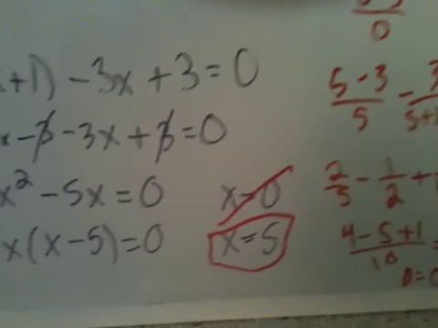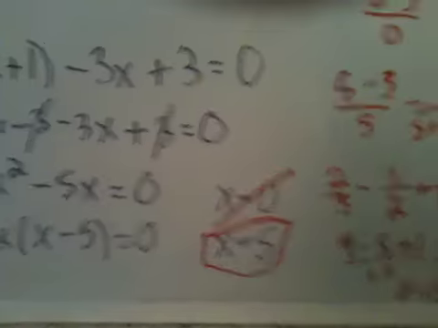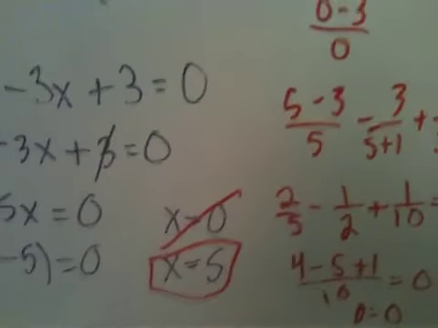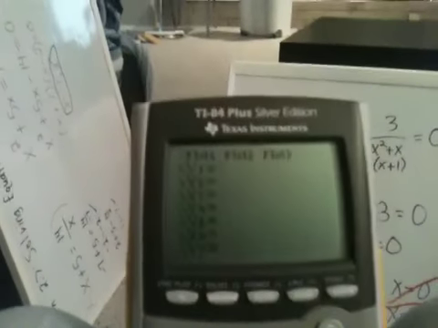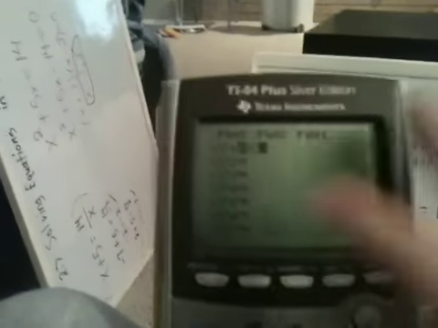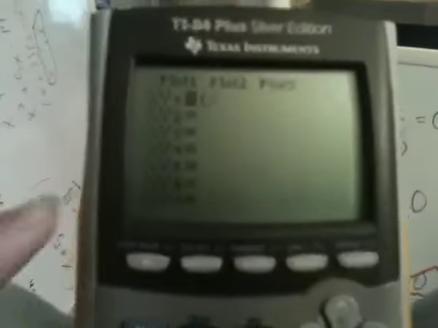There's another way that we can check on these to see what our zeros are, and that's by graphing. Okay, so on my calculator, if I plug in what I have originally, the only complicated thing here is making sure that you get it all in there right.